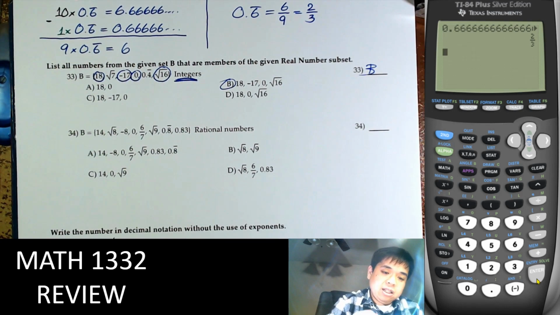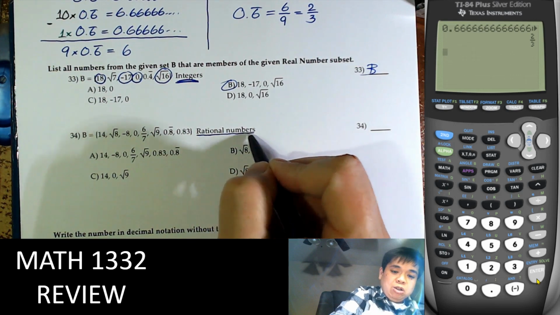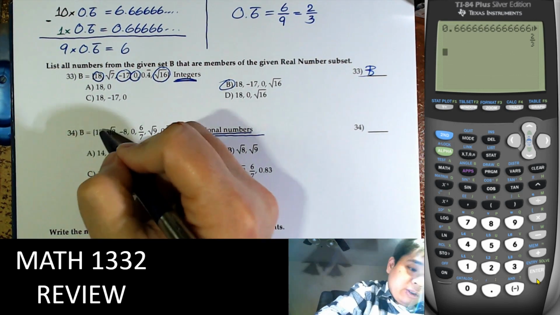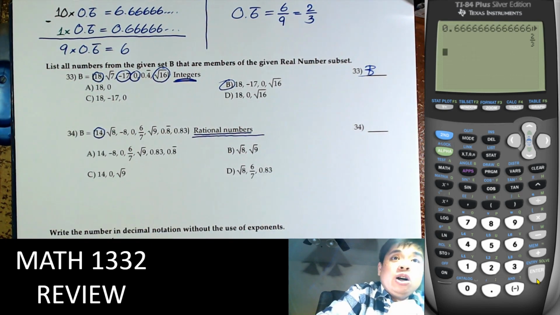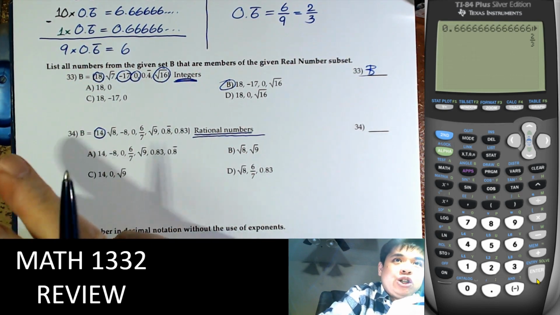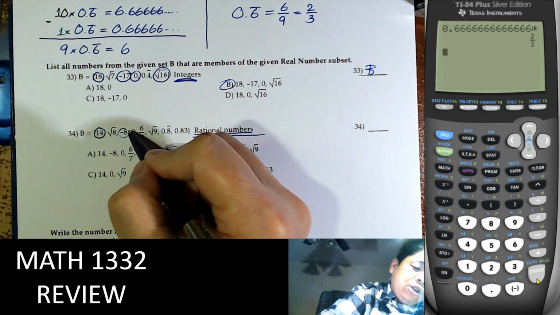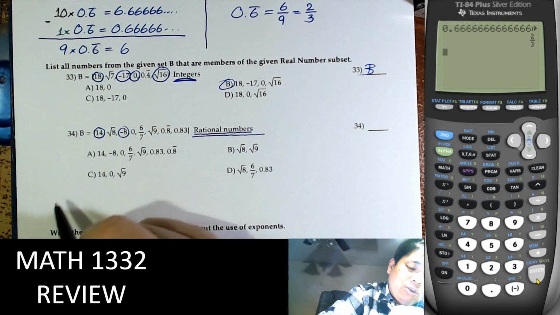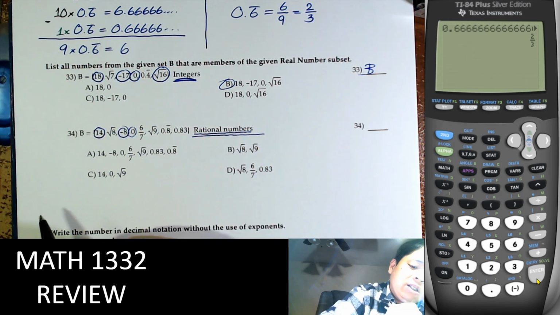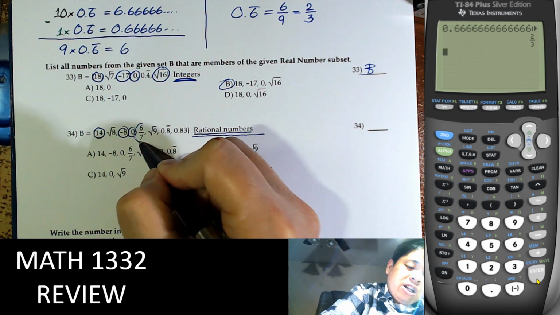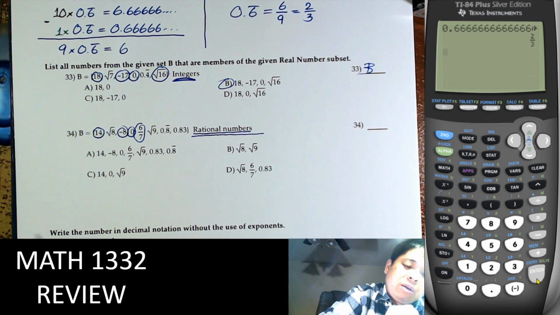Right. Next, rational numbers. Well, rational numbers are anything that can be put in a fraction, so that includes all the integers as well. So that is natural numbers, whole numbers, integers, rational numbers. Negative integers are therefore rational numbers as well. 0 is a whole number, integer, and rational number. Fractions are definitely rational numbers.